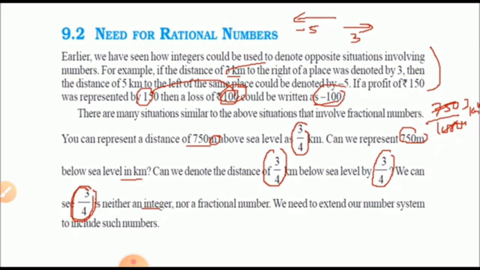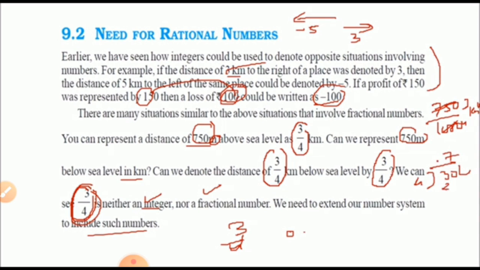A fraction shows a part of the whole, and here it represents two things in a rational number. So we have natural numbers, whole numbers and integers, correct beta? And then after that, rational numbers. Rational numbers can include all types of numbers: 0, positive numbers, negative numbers and also fractional numbers.